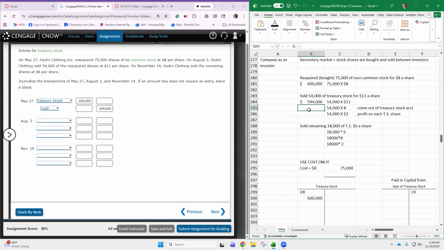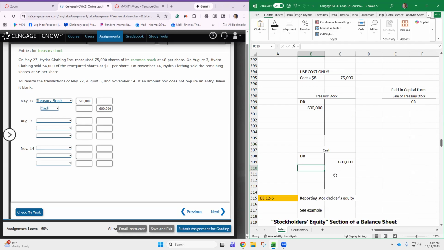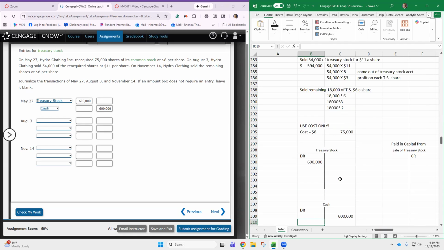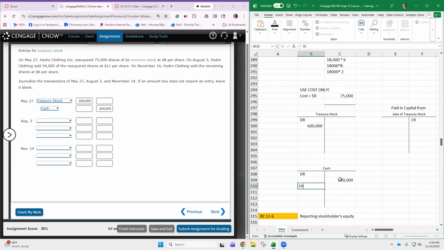All right, so let's put the cash in. Here comes cash. It is 594,000. This is buying the shares at 8. This is selling some of the shares at 11. So when we sell some, we have to take them out of here.